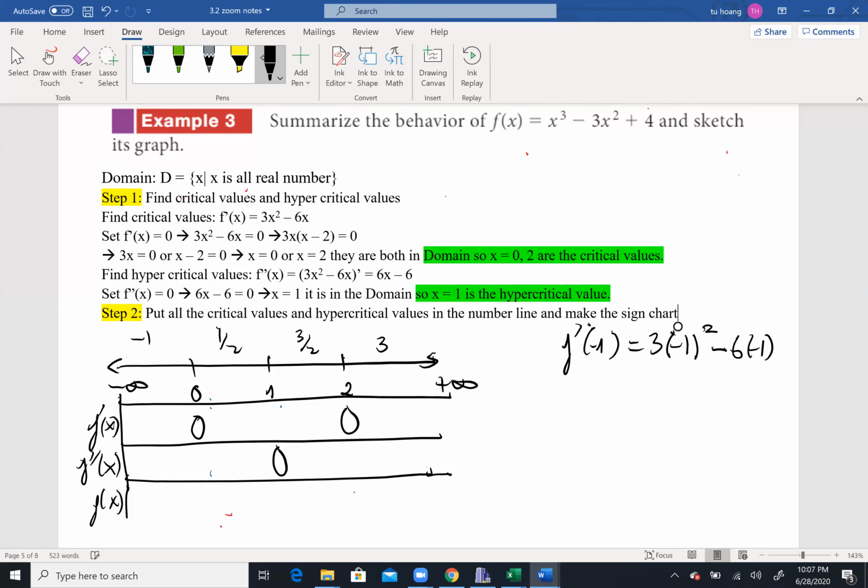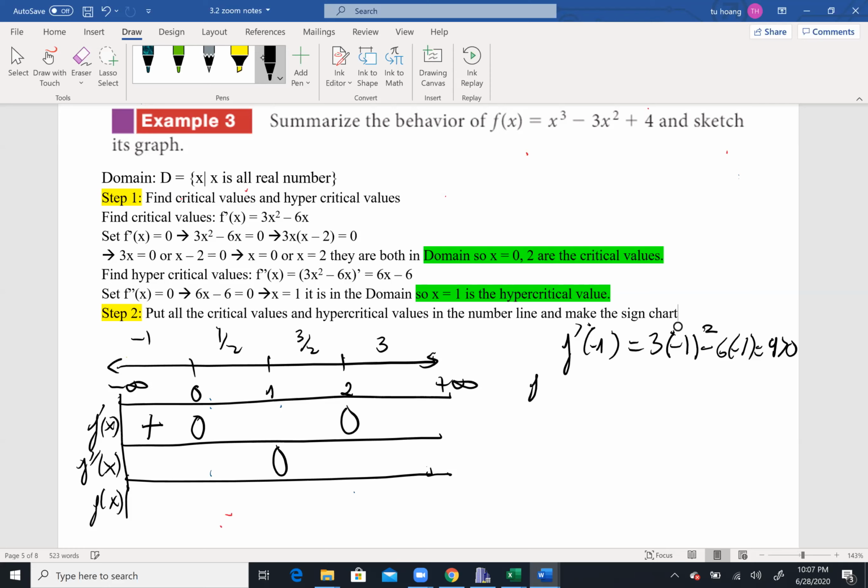Is that correct? Yeah. And that equals what? 3 times 1 plus 6, that equals 9, greater than 0. So positive here.